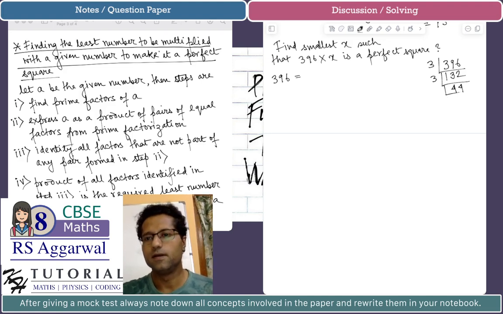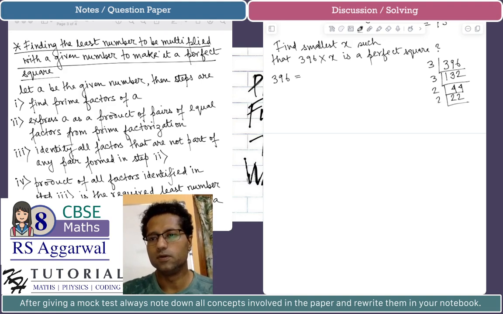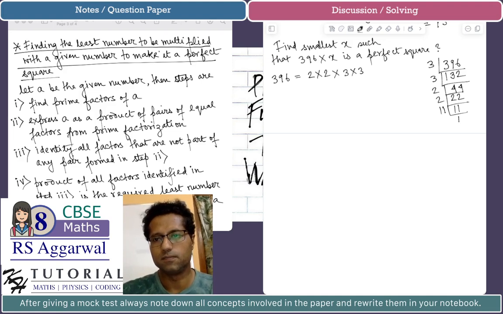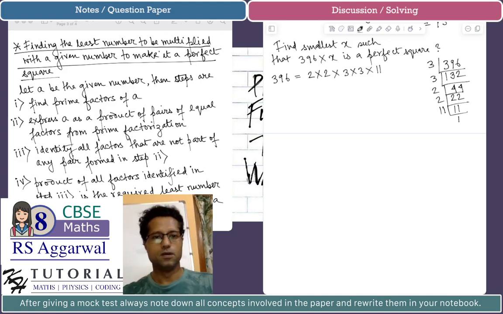Then I divide by 2, it is 22. Then again I divide by 2, it is 11. And I divide by 11, it is 1. So the prime factors of the number 396 are 2 multiplied by 2 multiplied by 3 multiplied by 3 multiplied by 11.